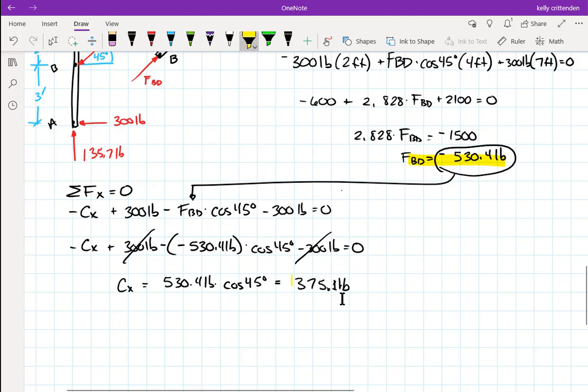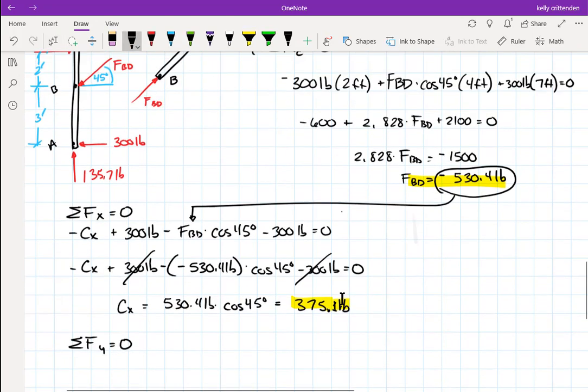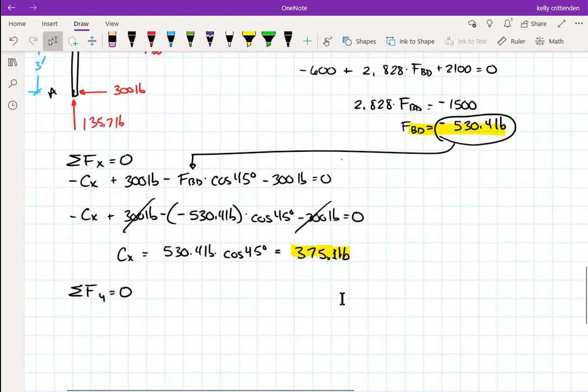Okay. Then the only thing we're missing is a value for CY. So if we did summation of forces in the y direction, we would have, let's look at it, negative CY, the way I drew it, negative y component of BD plus this AY 135.7. So let's write that down. Negative CY minus FBD times the sine of 45 degrees plus 135.7 pounds from AY needs to add to 0.